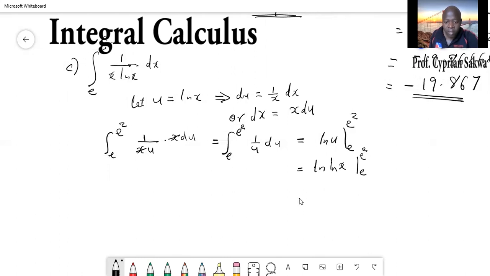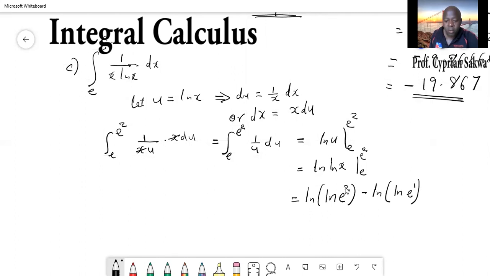Now putting our upper limit, what we would have would be ln of e raised to 2, and then minus, putting the lower limit, ln of e raised to 1.